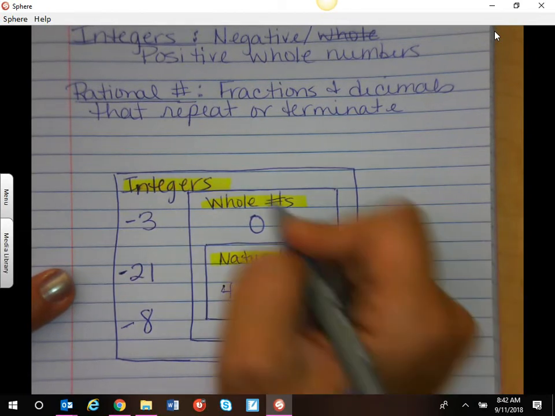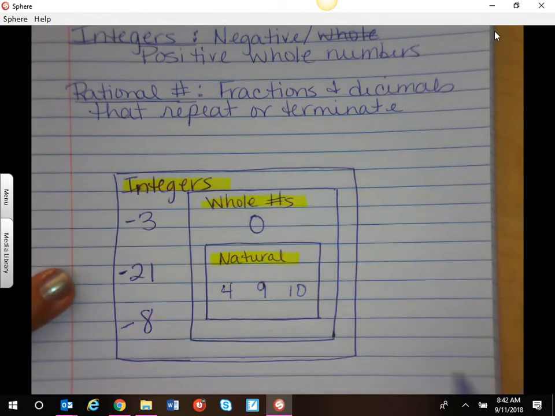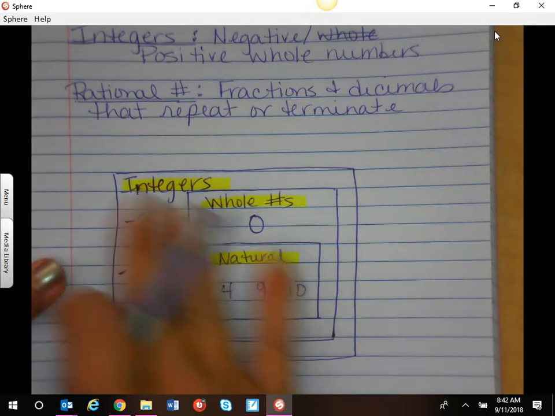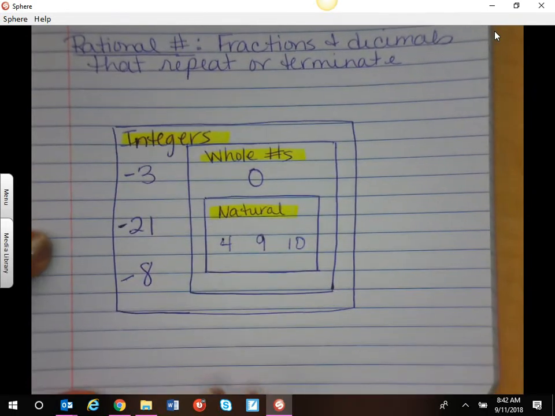And then finally, we have what we call rational numbers. I've run out of room at the top, so I'm going to end up drawing it down here.